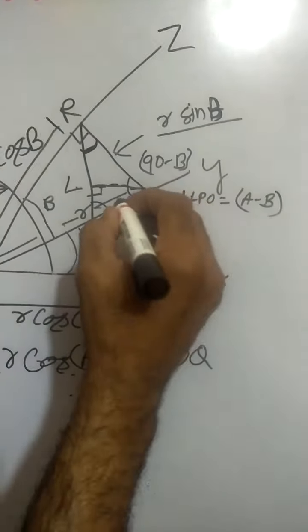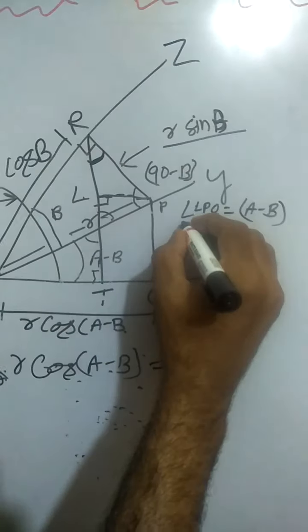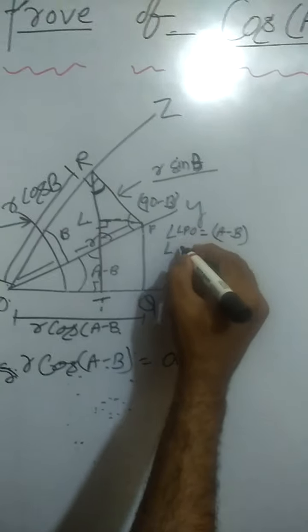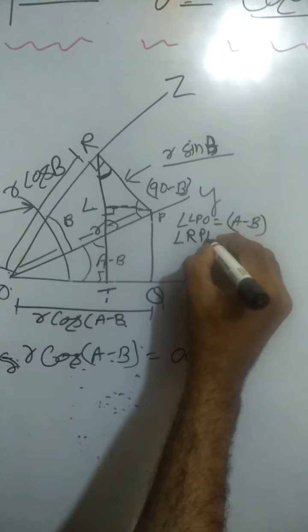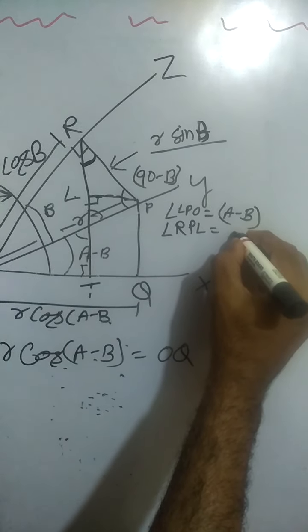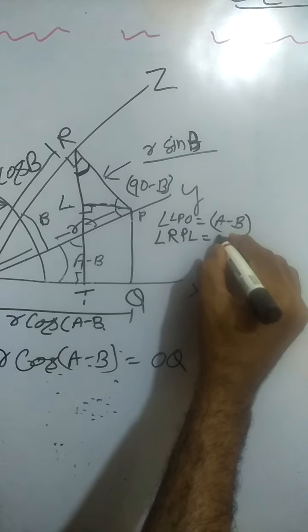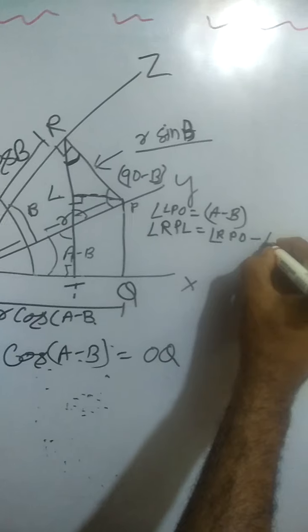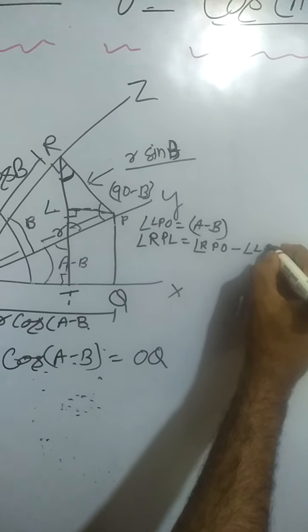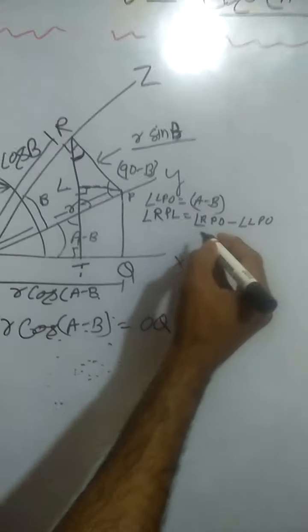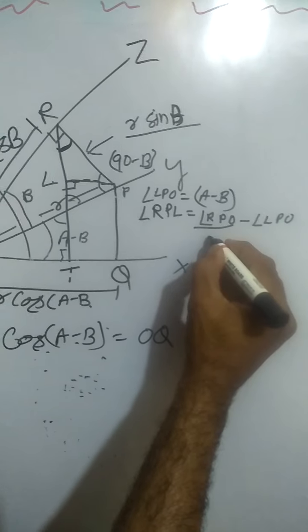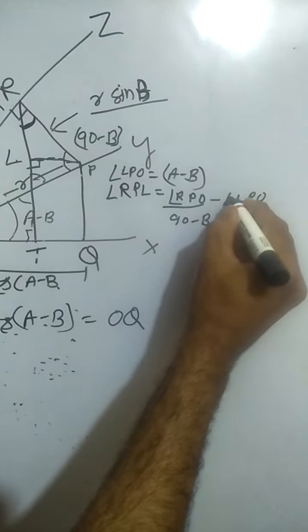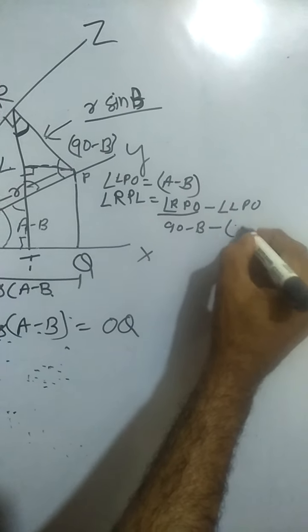Now angle RPL is equal to angle RPO minus angle LPO. This angle is equal to 90 minus B, minus (A minus B).